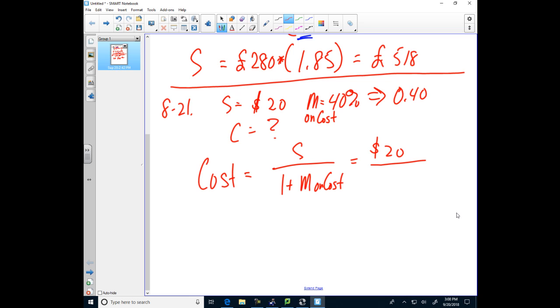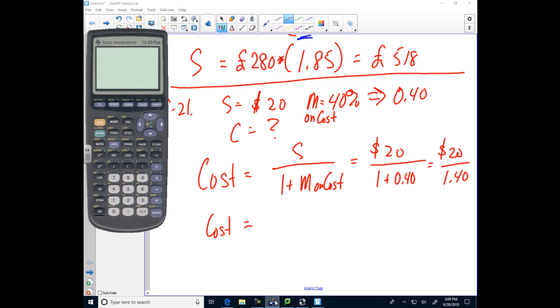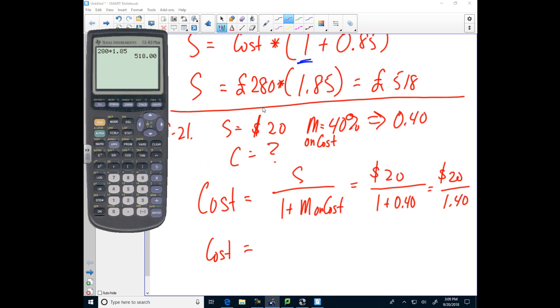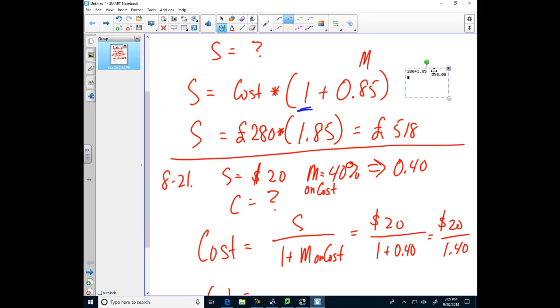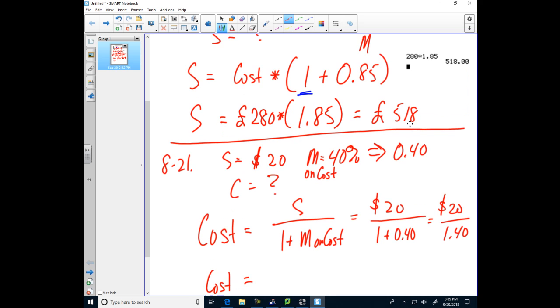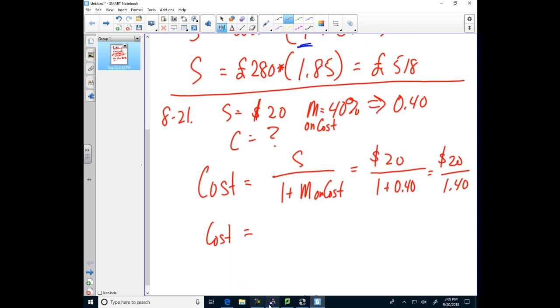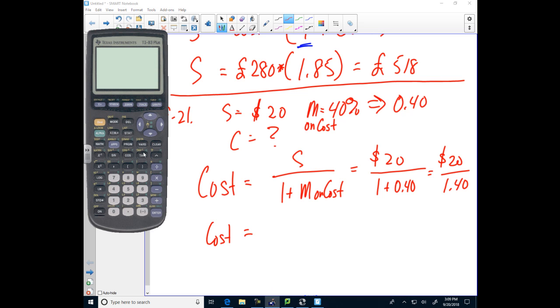$20. And then down at the bottom, we're going to have 1 plus what? 0.4. So cost is, calculator says, nothing. You have to read it. Let me take a screenshot of that while y'all figure this out. Clear.